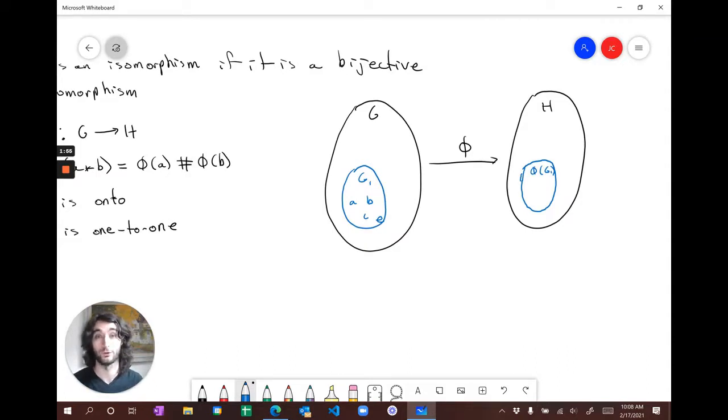Isomorphisms preserve everything about the group structure. The only thing isomorphisms do is change the names and symbols that we're using to describe it. So the actual group structure is 100% exactly the way it was, so it should be the case that this is still a subgroup. Let's prove it.